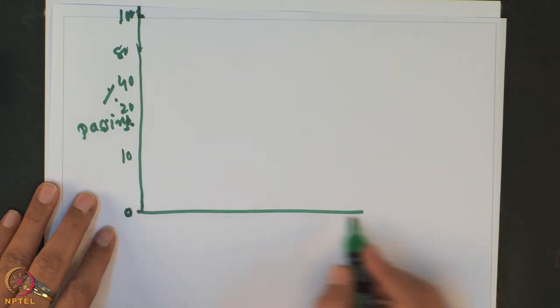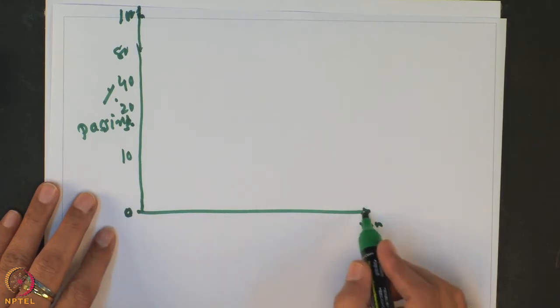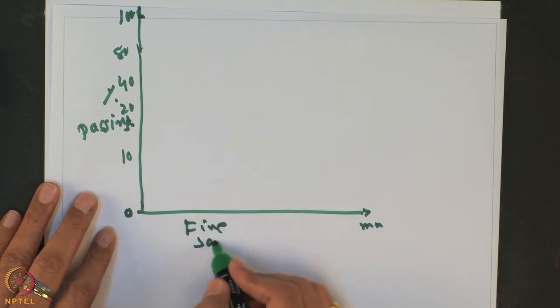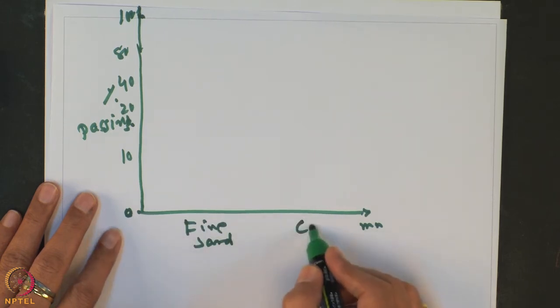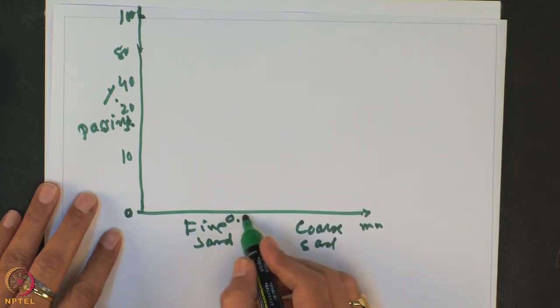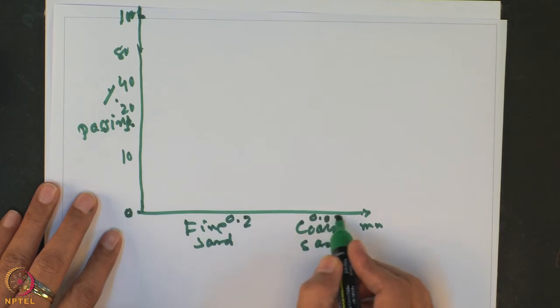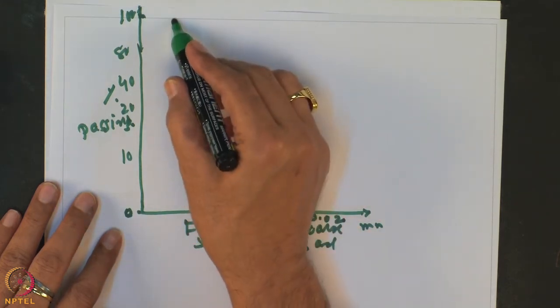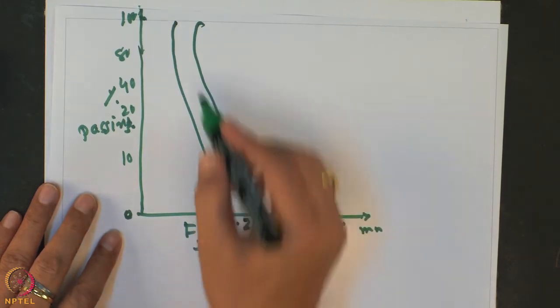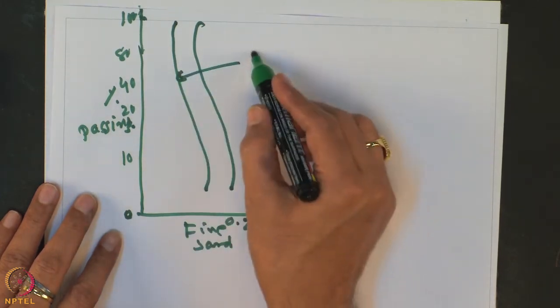And this is the size in millimeter, maybe fine sand or coarse sand, say 0.2, 0.02. You can have curves like this for different types of geosynthetic material.